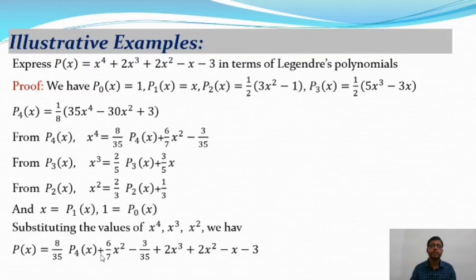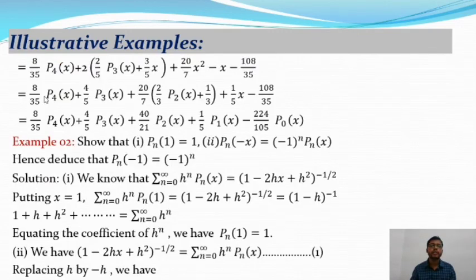Now we put x to the power 3 in that equation, and we will get 8 by 35 P4(x) plus 2 into (2 by 5 P3(x) plus 3 by 5 x), this is actually the value of x to the power 3, plus 20 by 7 x square minus x minus 108 by 35. After that we will put the value of x square, so it will be 2 by 3 into P2(x) plus 1 by 3. After putting the value of x square, we will get this.